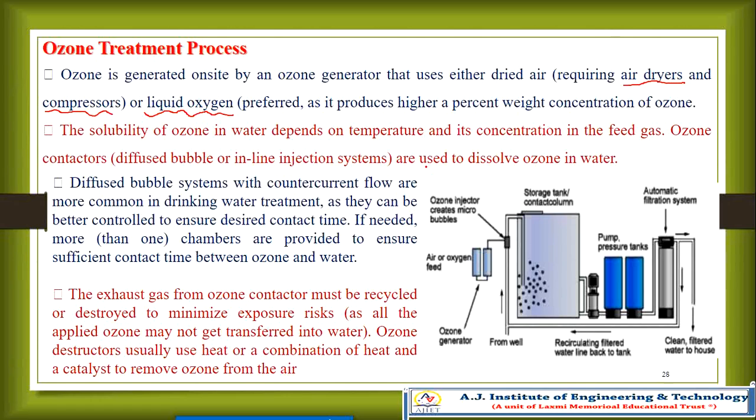So one of the main things is the on-site ozone generator, which uses either dried air from an air dryer and compressor, or liquid oxygen.